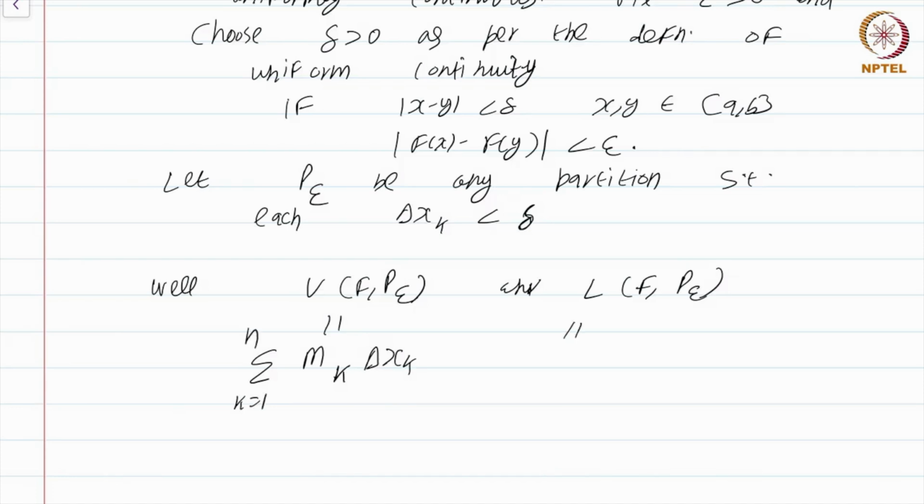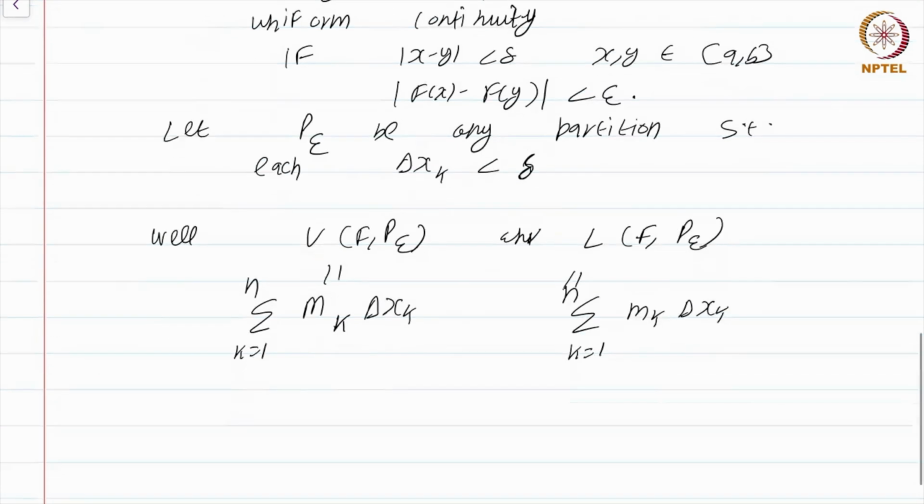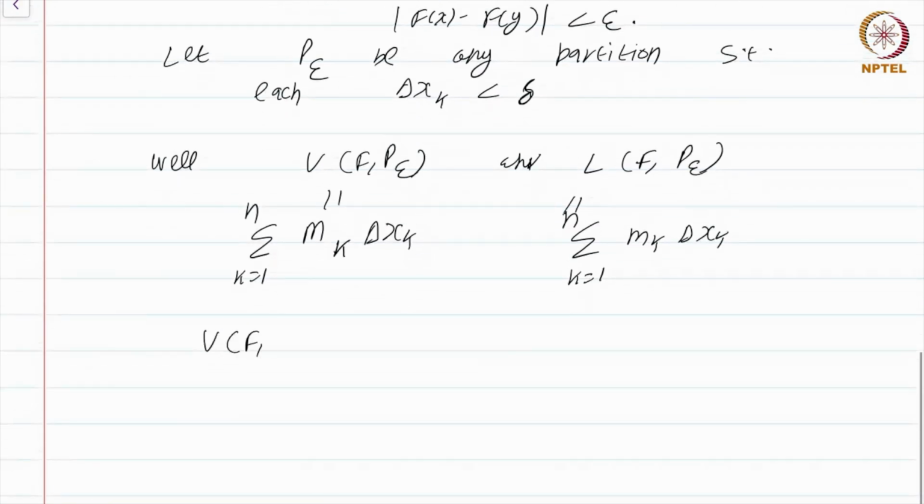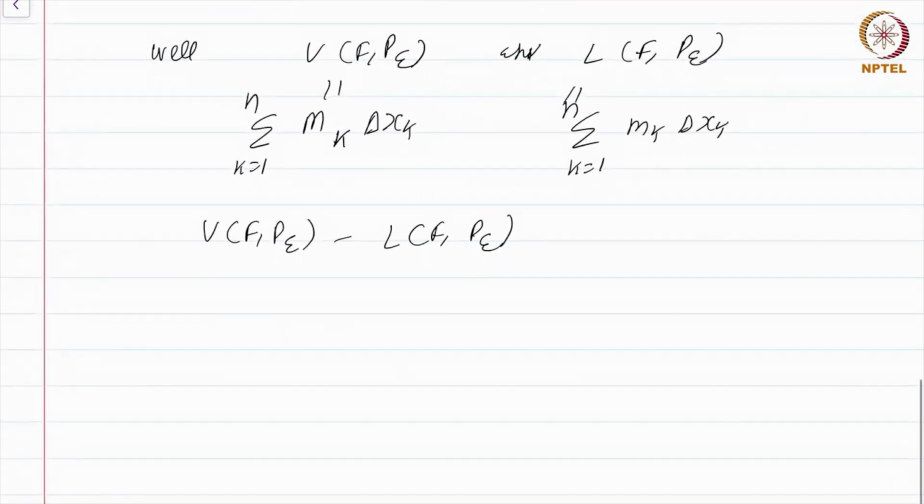Recall, capital Mk is the maximum, and the lower sum is the summation k equal to 1 to n of small mk delta xk. What we are really interested in from the previous criterion is U(f, P epsilon) minus L(f, P epsilon), right? A moment's calculation will tell you that this is the summation k equals 1 to n of (Mk minus small mk) delta xk. Well, that was easy enough.